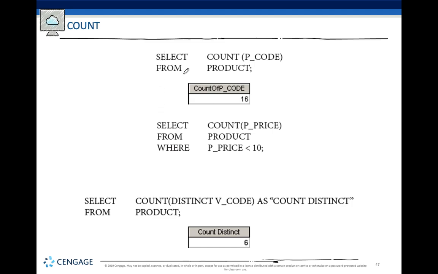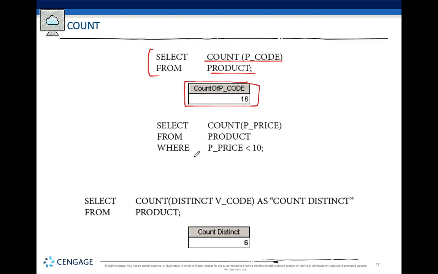So let's say we want to count the number of products that we have in our product table. The syntax for that is select count pcode from product, and that'll return you the number of products that you have. You could specify additional criteria to this count.